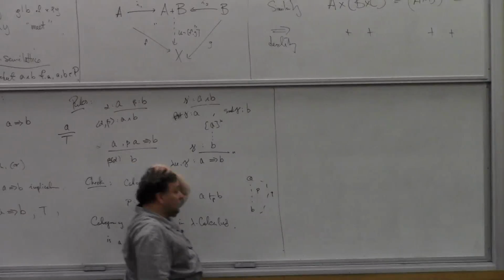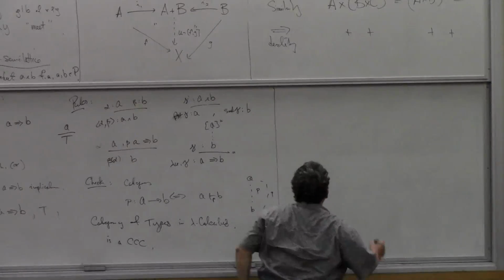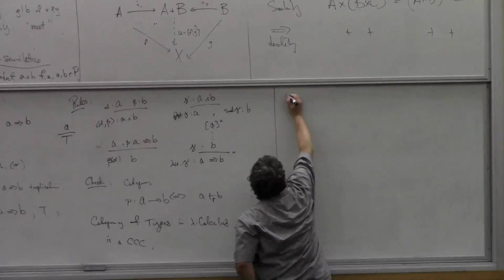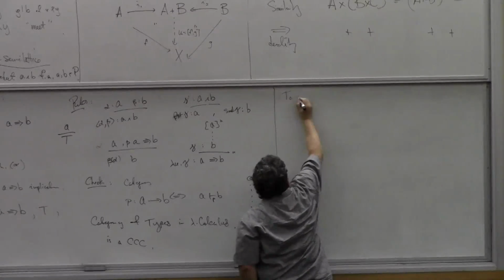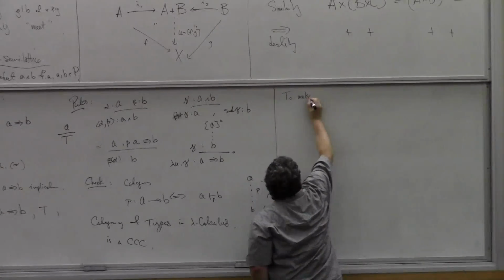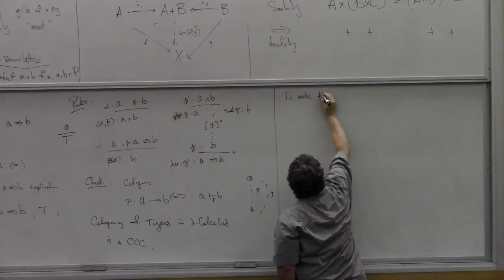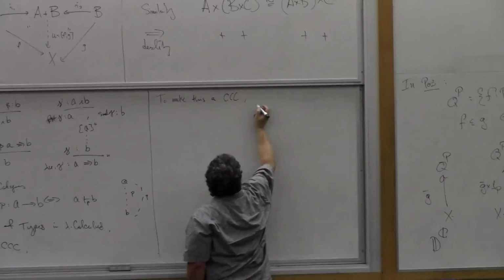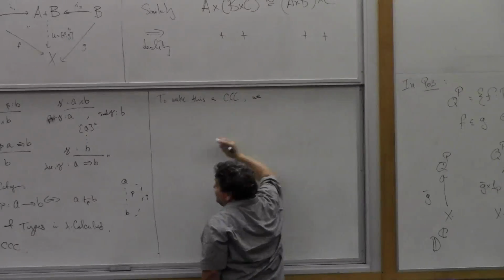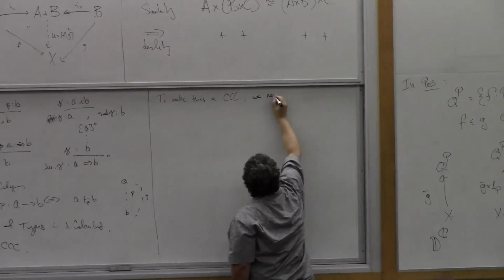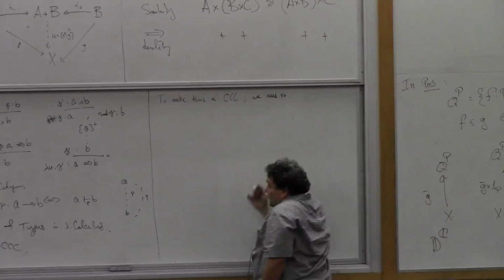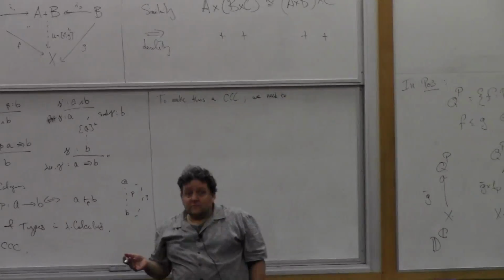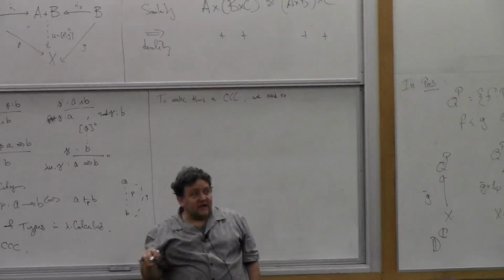So I think I won't go through the details except to note that to make this a Cartesian closed category, it turns out that we need to identify certain proofs. We don't need to do it to make it a category. It just is a category. We checked that last time.